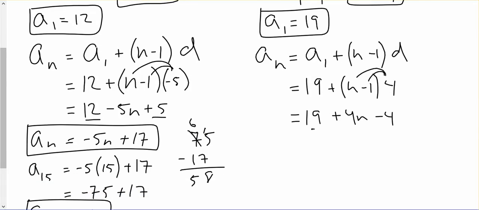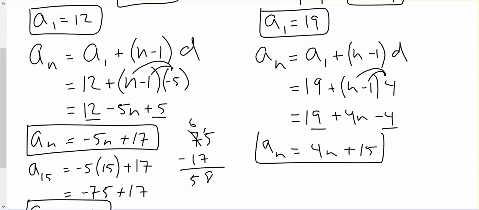We can combine our like terms. So our rule is a of n equals 4n plus 15. That's our rule.